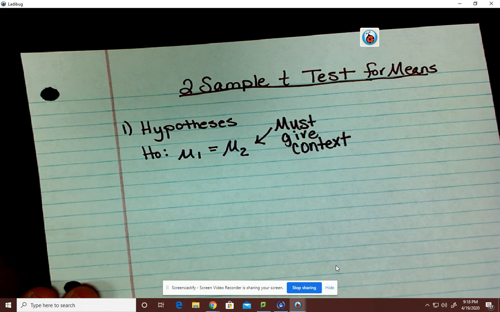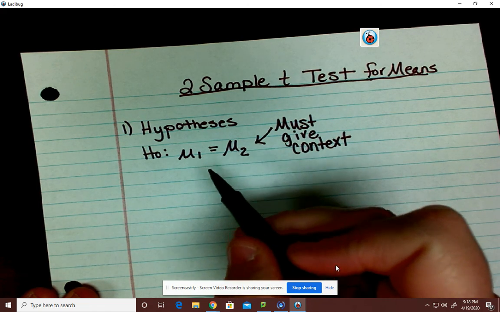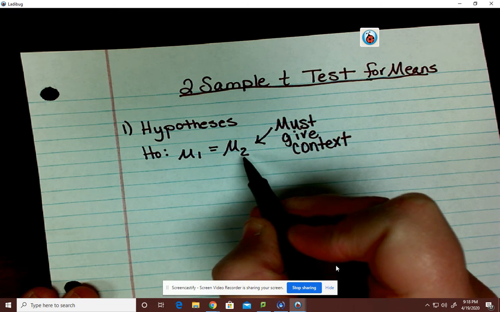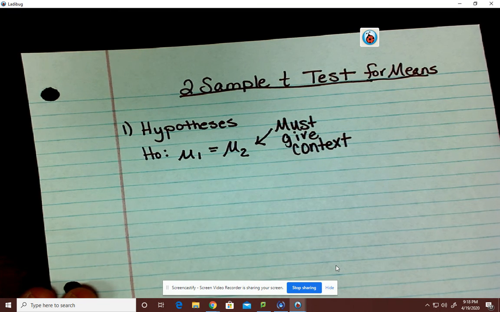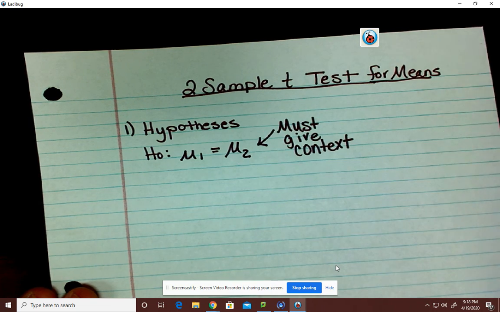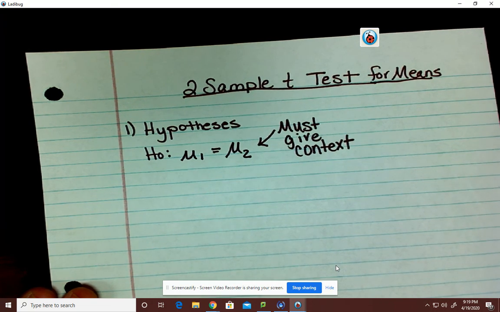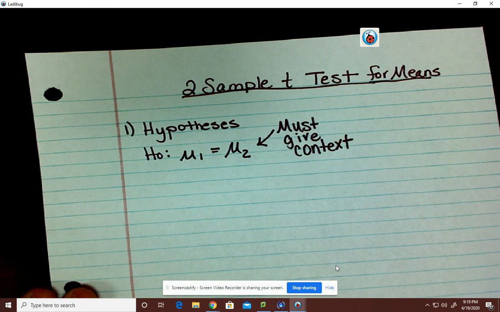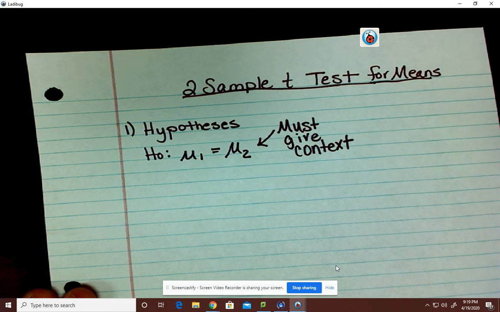Or if it's something you can abbreviate, men and women, or this happened in 2000, this happened in 2002, put dates there instead of 1 and 2. But somehow you must give context. And I know when I went back and looked at some of the stuff you did on two proportion, that was a comment that I made for a couple of you.